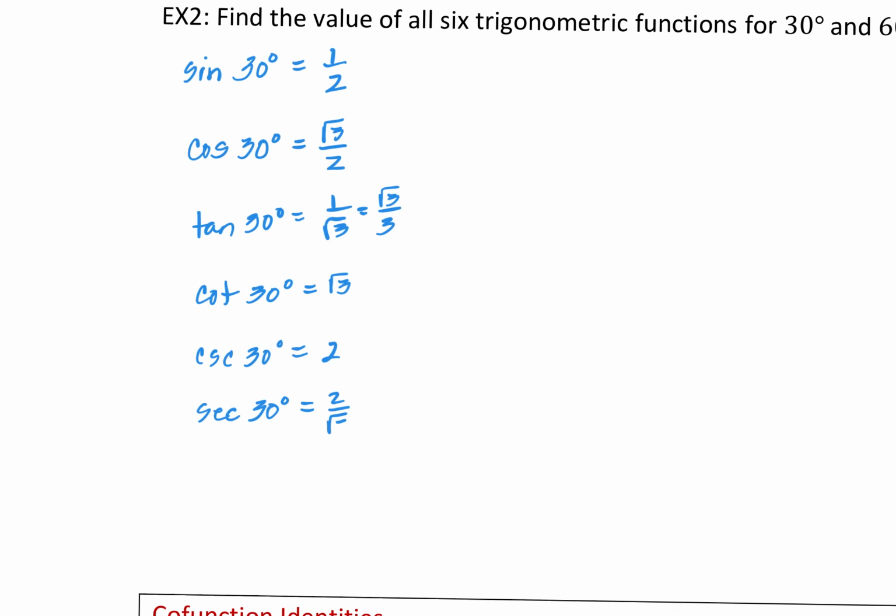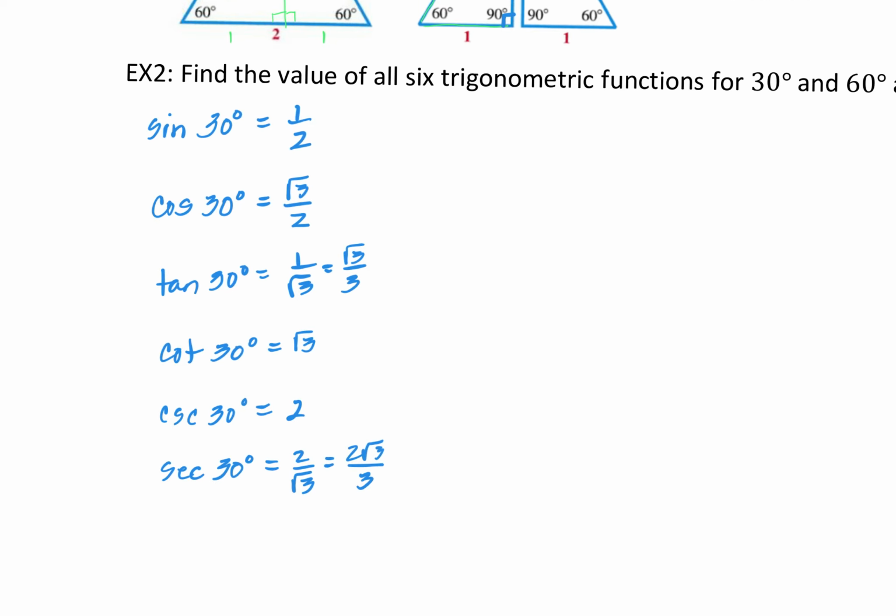Or you could look at it as hypotenuse over adjacent. And then rationalizing by multiplying top and bottom by the square root of 3 gives me 2 square root of 3 over 3. So those are all the values that we expect when we're thinking about 30 degrees or pi over 6. Going to the unit circle, those are all the values we have.